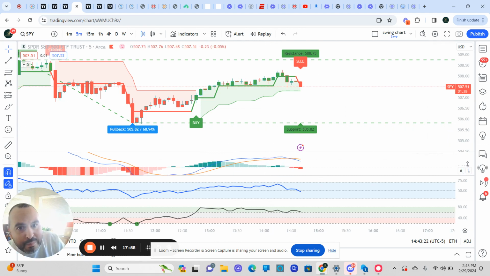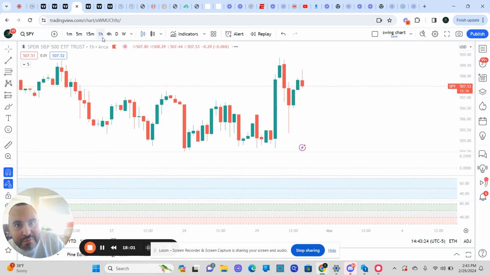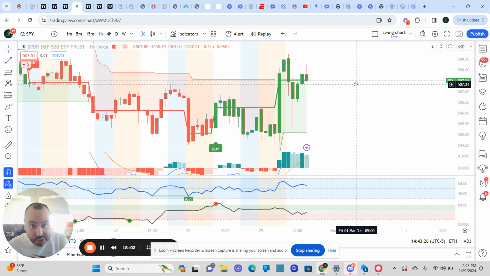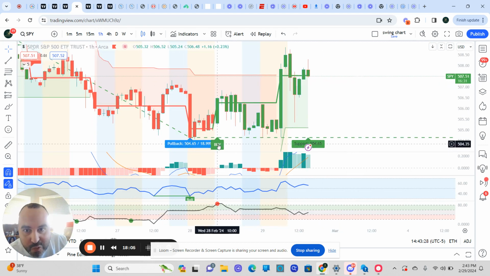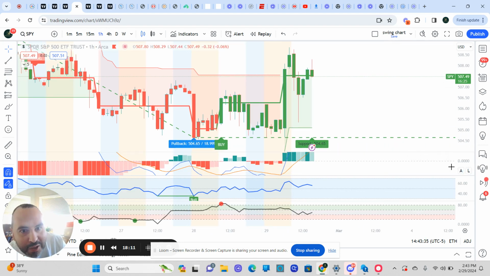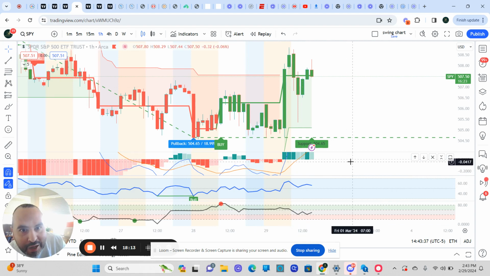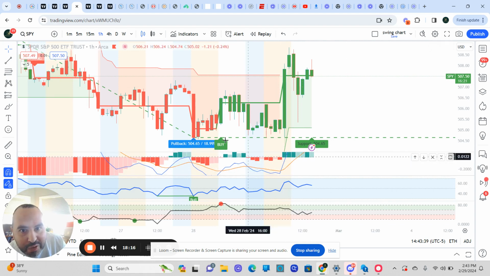Now, I didn't show this in the last video, so this is something I do want to show. When our hourly chart is on a buy, our MACD is bullish. We're at a level of support here, and we have our buy signal on.